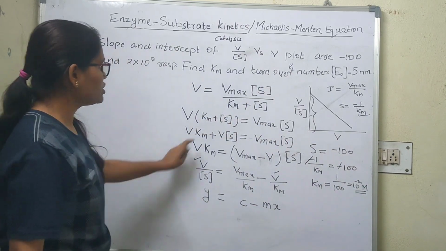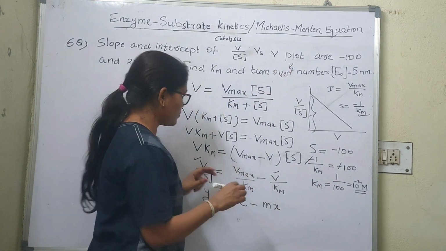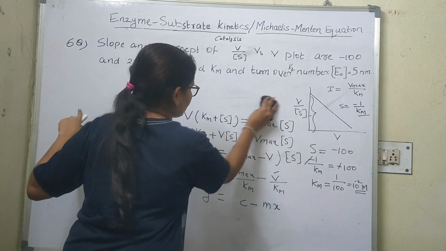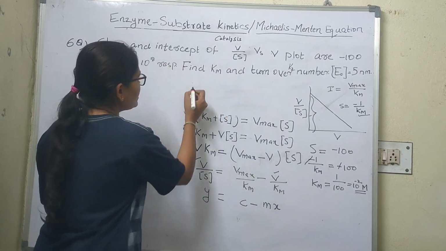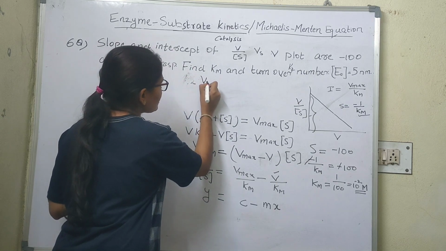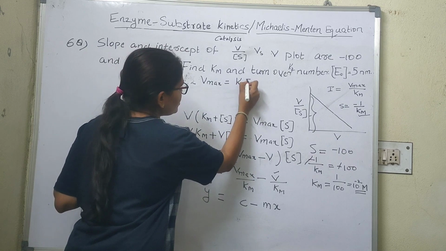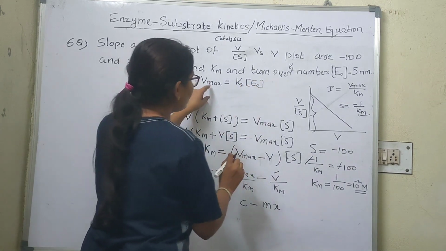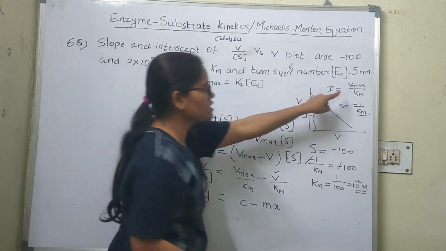Now we have to find out the value of turnover number, that is K2. So how do we find K2? We know V max is equal to K2 into E0. We do not have the value of K2, but we can find V max from this intercept.